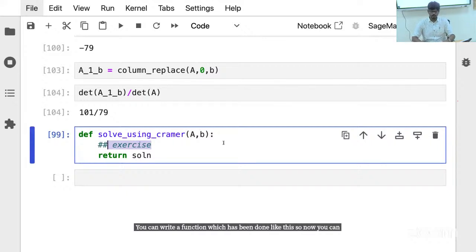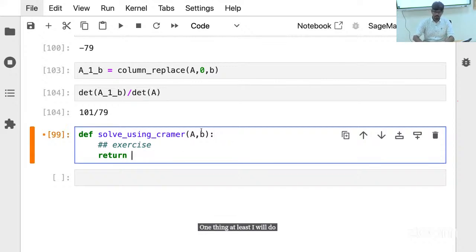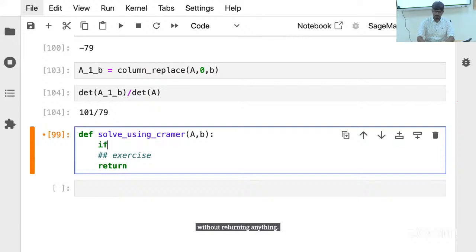First thing you have to do, at least I will do without returning anything: if the determinant of A is not equal to 0. How do I say not equal? The way you say not equal in Python is an exclamation and then equal to.